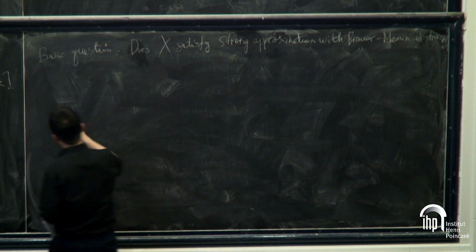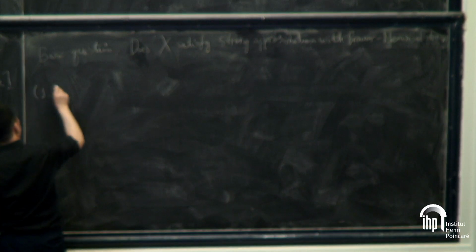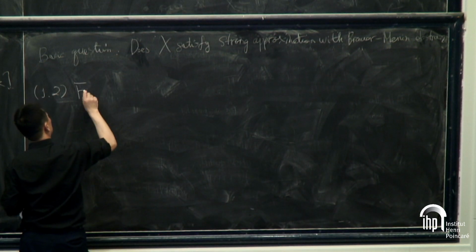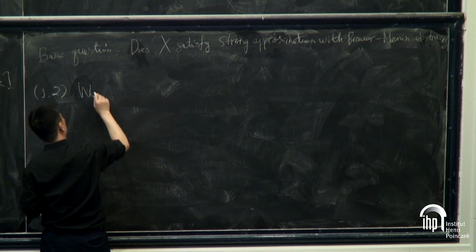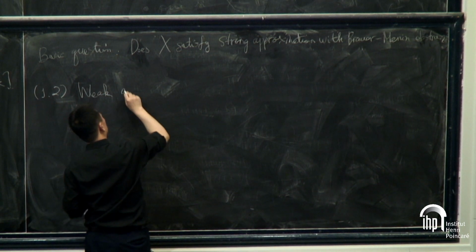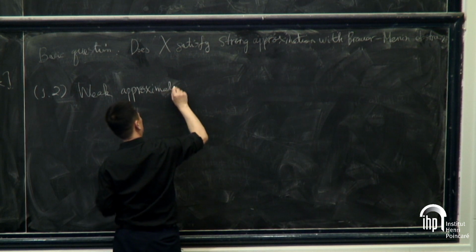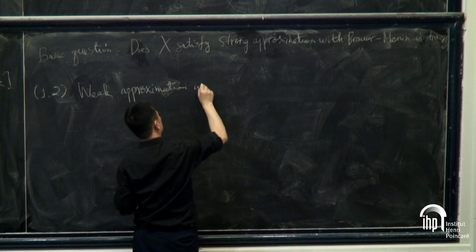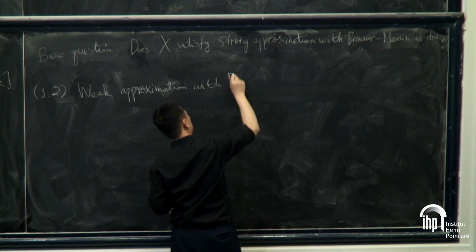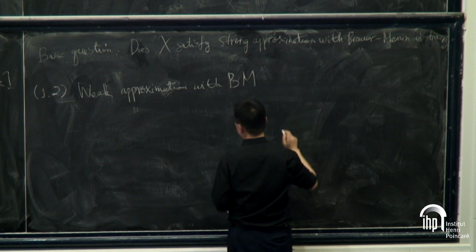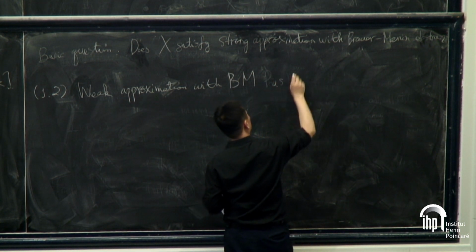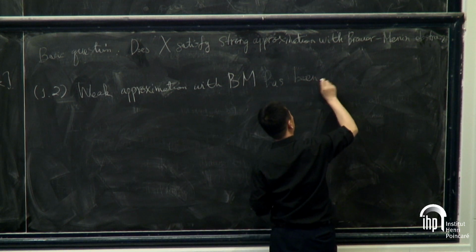Okay, so this is for strong approximation. For weak approximation, the weak approximation of this variety with Brauer-Manin obstruction has been studied extensively by many people.